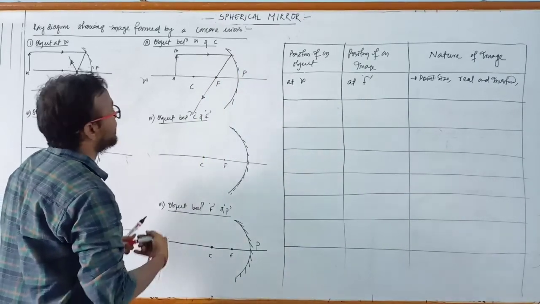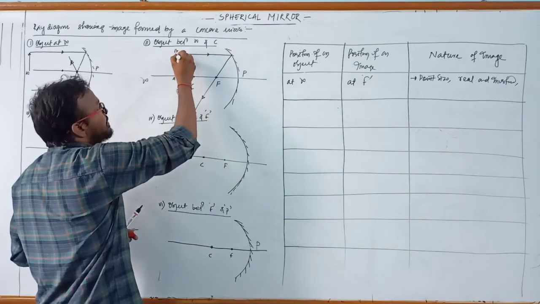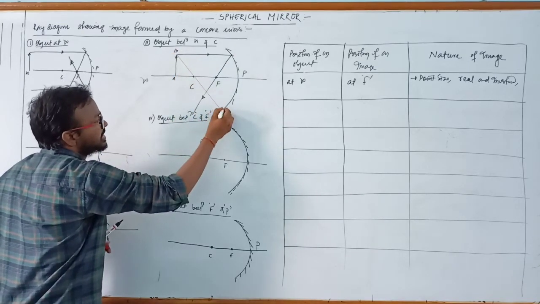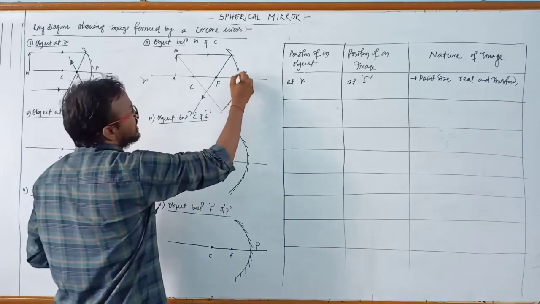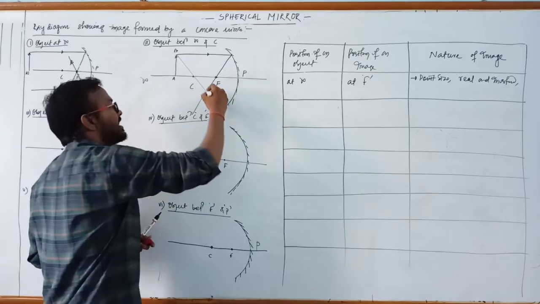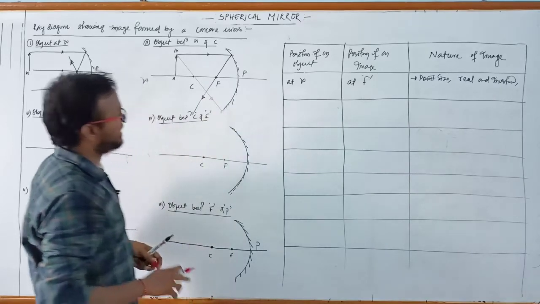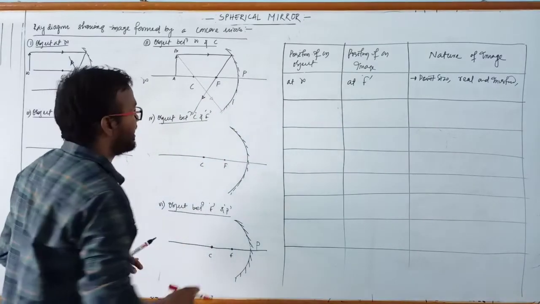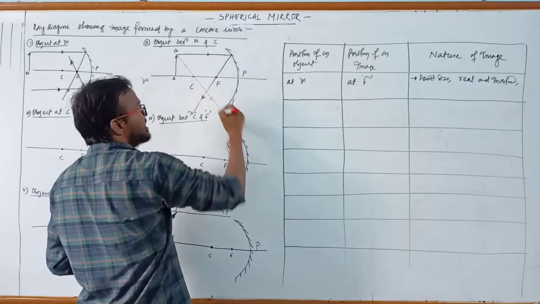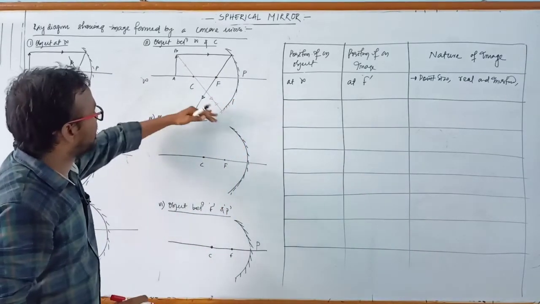Next, another ray passing through the center of curvature: if we draw a normal at this point, the incident ray and normal lie along the same line, so the angle of incidence is 0 and the angle of reflection is also 0. The ray retraces its original path.